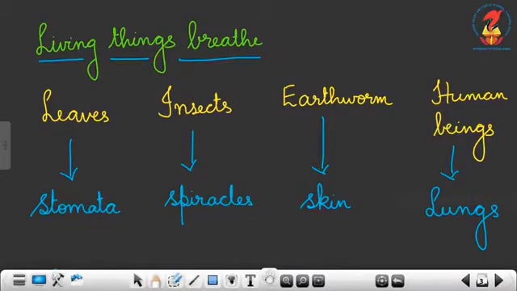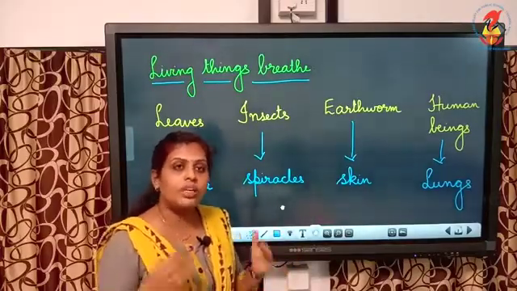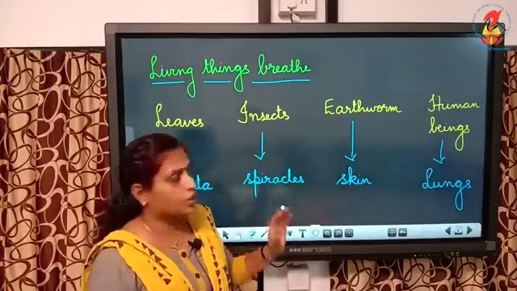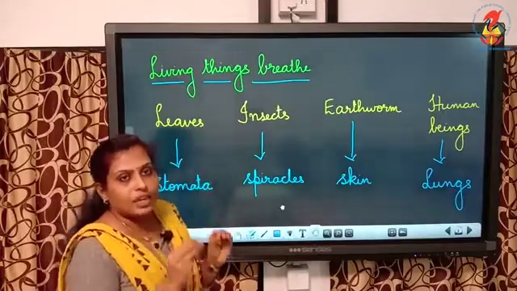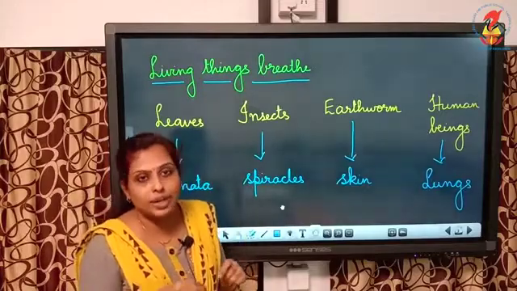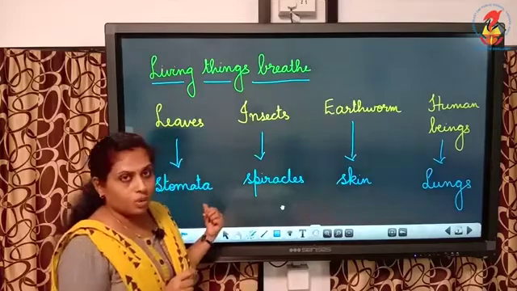Let's look at how the living things breathe. I said it earlier in the last video, all the living things breathe through different organs and we cited certain examples also. For example, leaves have tiny pores through which they take in carbon dioxide, and that tiny hole is called the stomata.